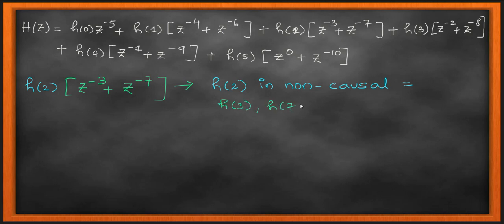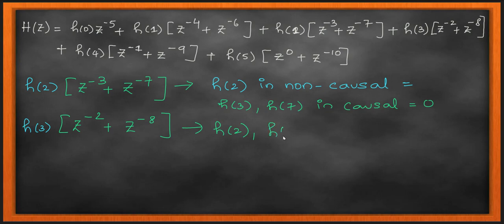They say convert this non-causal to causal representation, and what is the coefficient reordering. When you reorder the coefficients, you know that what was h2 is now h3 and h7, and what was h3 in the previous case, the blue representing the non-causal and the green the causal, is now h2 and h8.